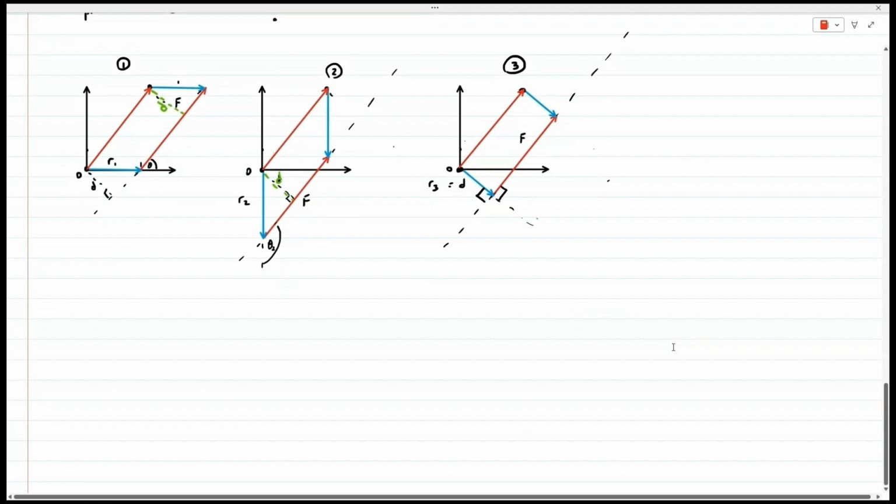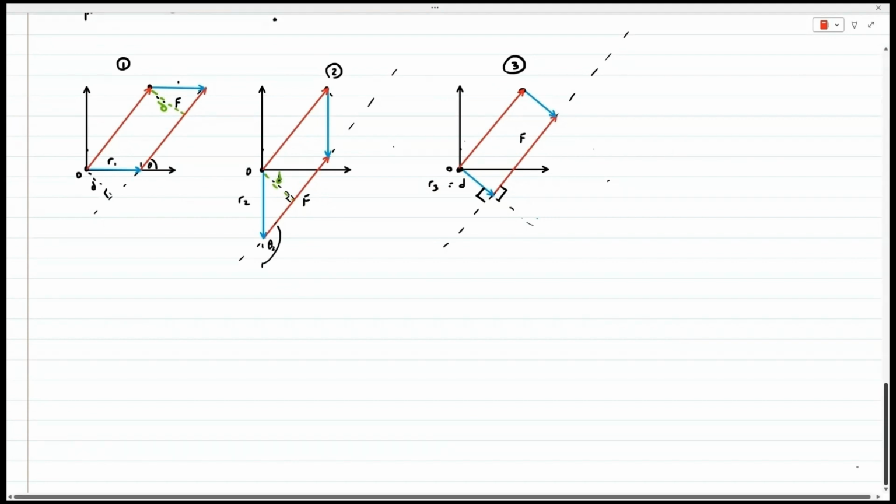The base is always F and the height is always this distance D. No matter how we shift this F along its line of action and how long or short that position vector gets, the height of the parallelogram remains the same. It's the distance D. Because the height is the same in all cases and the base is always F, the area of the parallelogram, or the magnitude of the cross product, is the same in all cases, proving the principle of transmissibility. Let's go ahead and do an example.